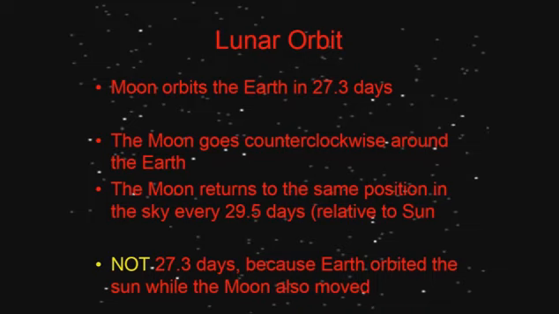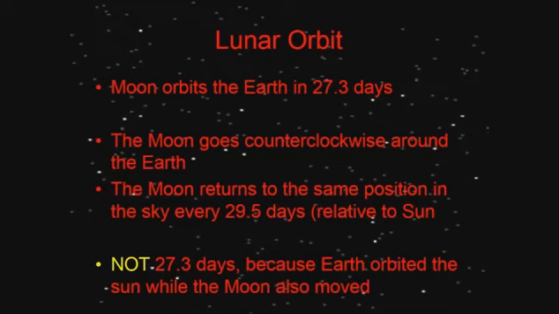Now, the moon returns to the same position in the sky relative to the sun every 29.5 days for us. So that is not the same as the 27.3 day orbital cycle. The reason being that the moon moves around the Earth in 27.3 days, but the Earth has also moved a little bit relative to the sun.